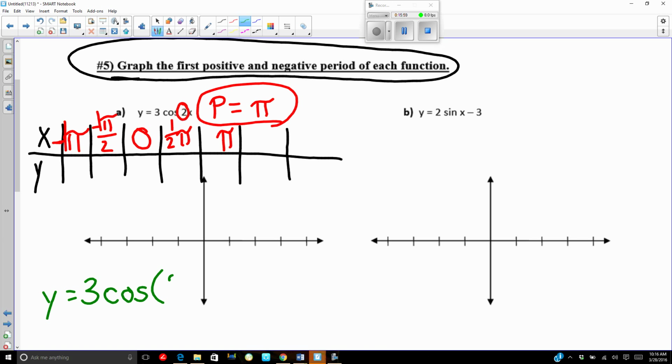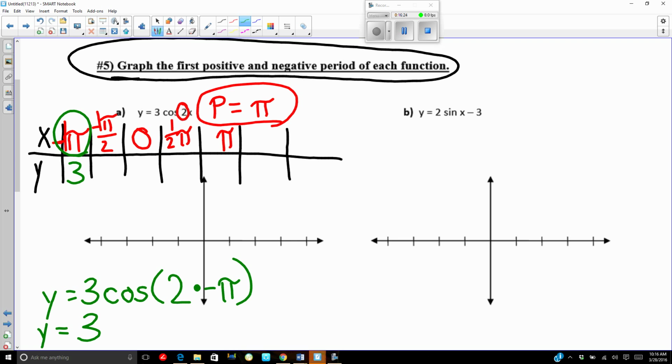There's a lot of different ways to do this. I'll do 2 times, and the first value we're inserting for x is negative pi. So type that in your calculator, and it should give you, I think, 3. Yeah, 3. That gives you 3 for y.